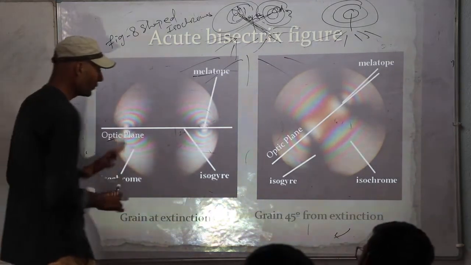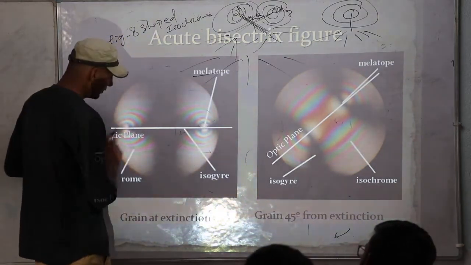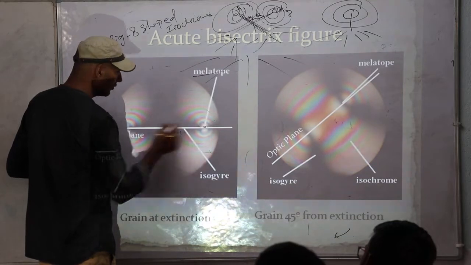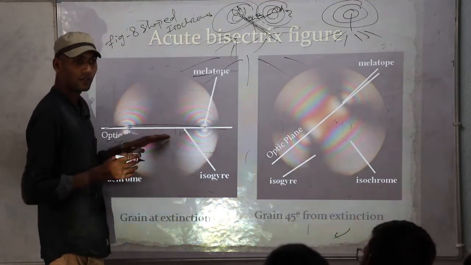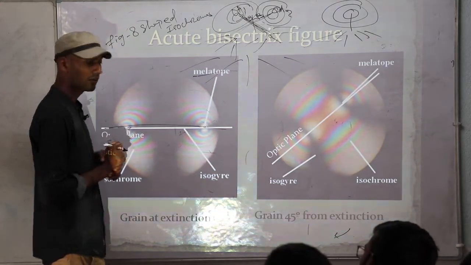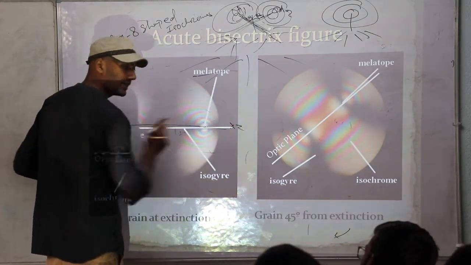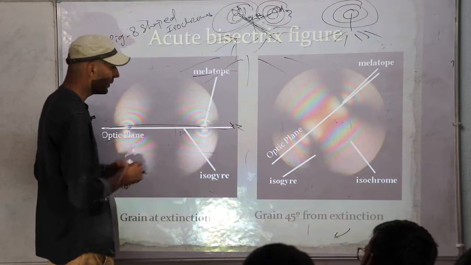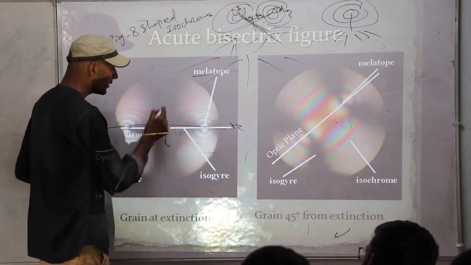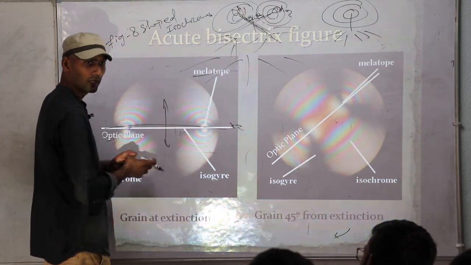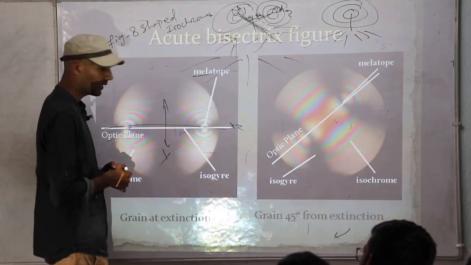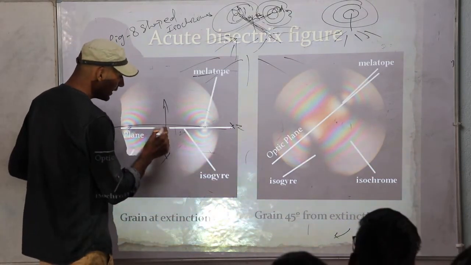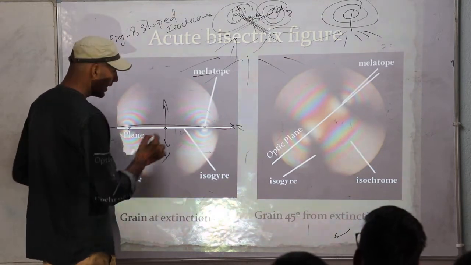Let's say, for example, these are the two melatopes. If I draw a line, that shows the optic plane, that means the XZ plane. This is perpendicular to the XZ plane, so what will that be? Y. So if you are considering this point, there are two vibrations.